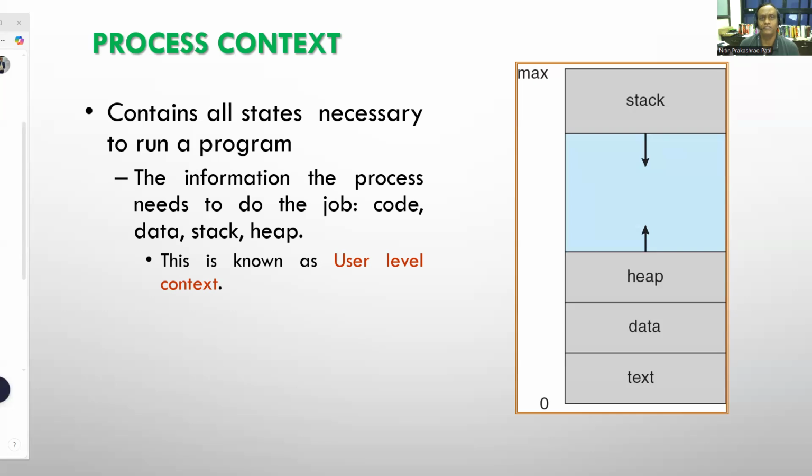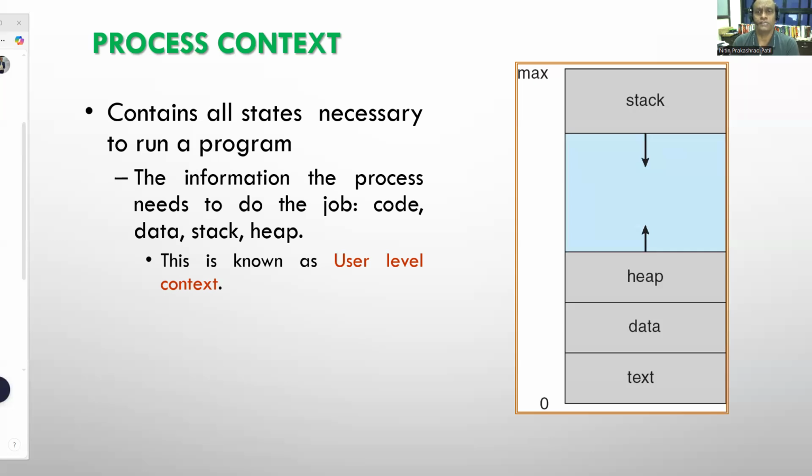Further, it contains information about CPU registers. Depending upon the architecture, the registers may vary. But when we talk about Intel architecture, there would be registers like EAX, EBX, ECX, kind of general purpose registers. Or if it is a 64-bit architecture, then they may be named RAX, RBX, RCX, and so on.